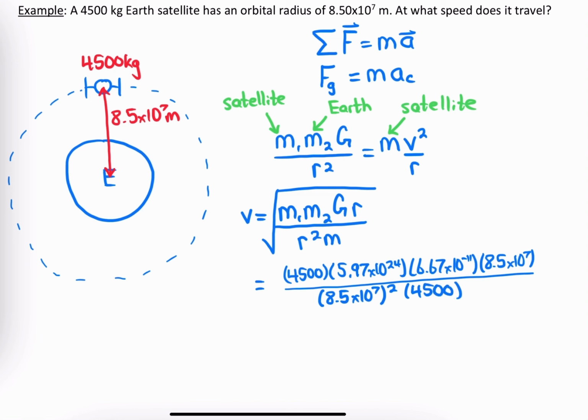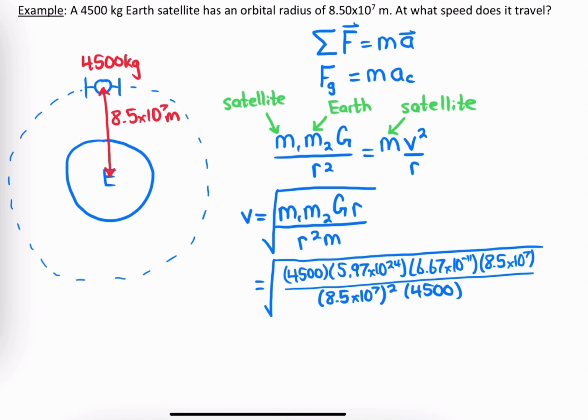4,500. So again, I've got some canceling I could have done, right? I've got an R squared down here and an R up top. I've got the satellite's mass here and that on the bottom. So I could have canceled some stuff out to save myself some work, but I didn't bother for this question. This is all being square rooted. Since I had all those numbers, I just decided to plug them in.